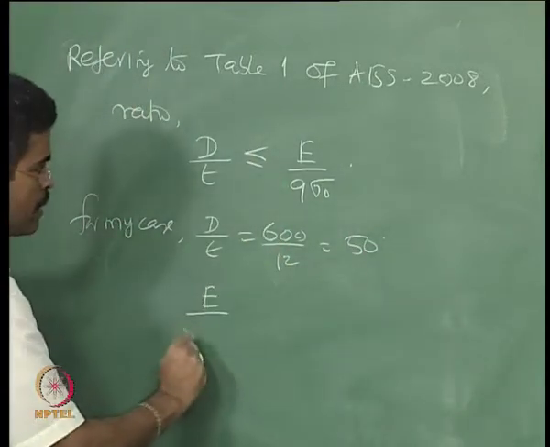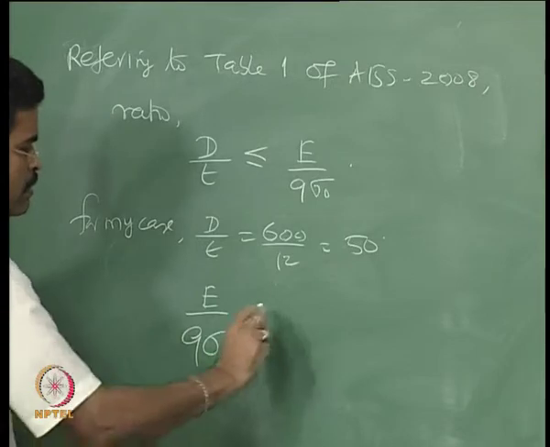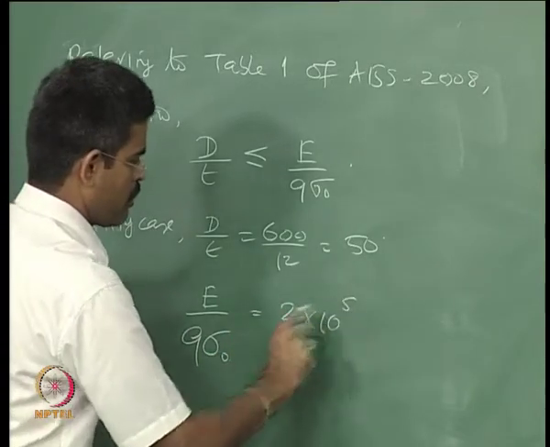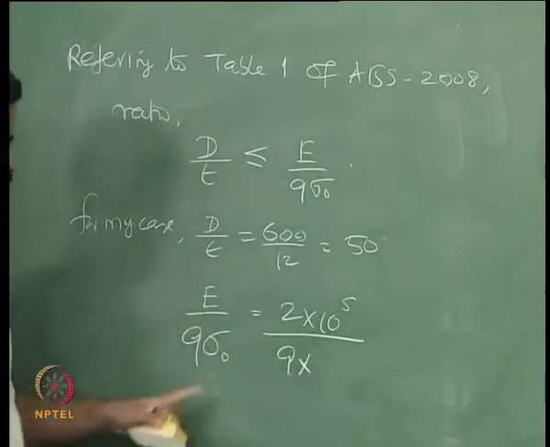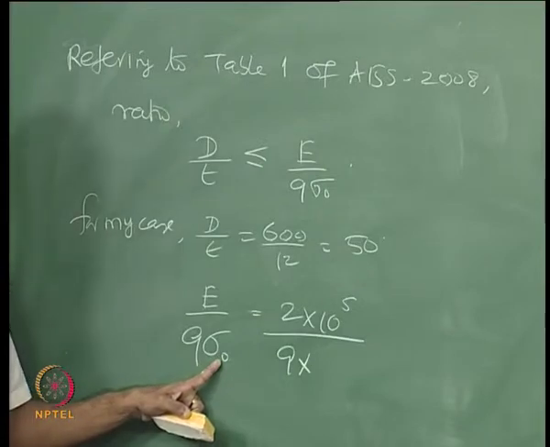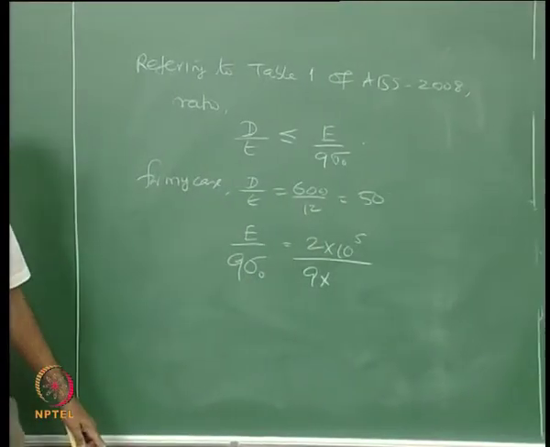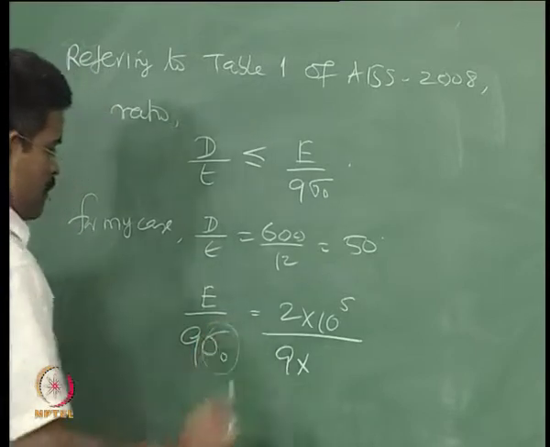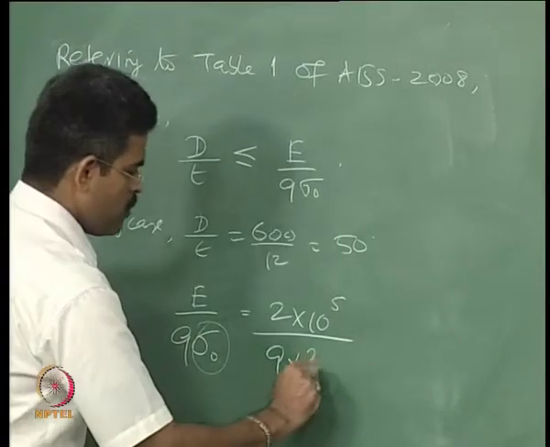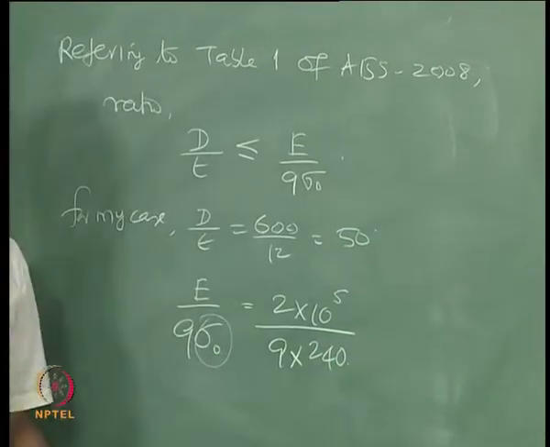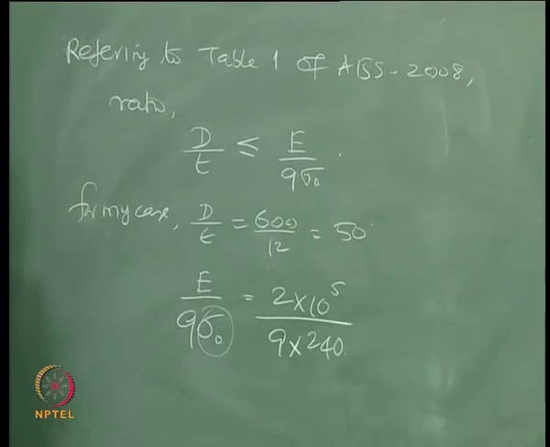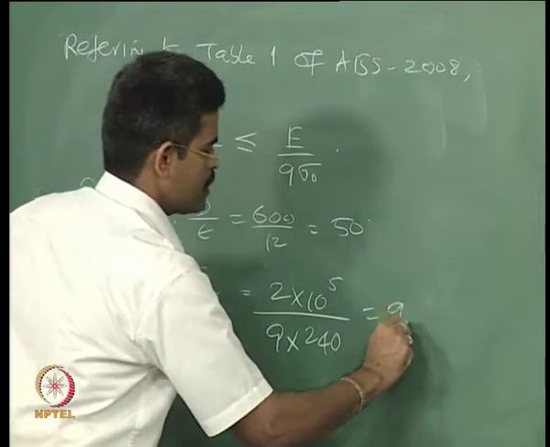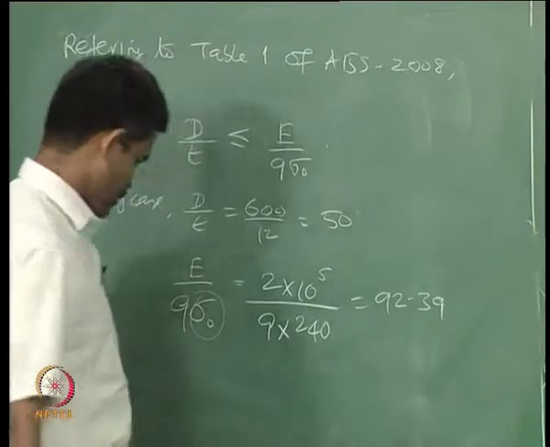and E by 9 sigma naught is 2 into 10 power 5 by 9. Sigma naught is the axial stress which we have calculated in the first step, which is the permissible yield value, which is 240 in my given problem, which is 92.39.